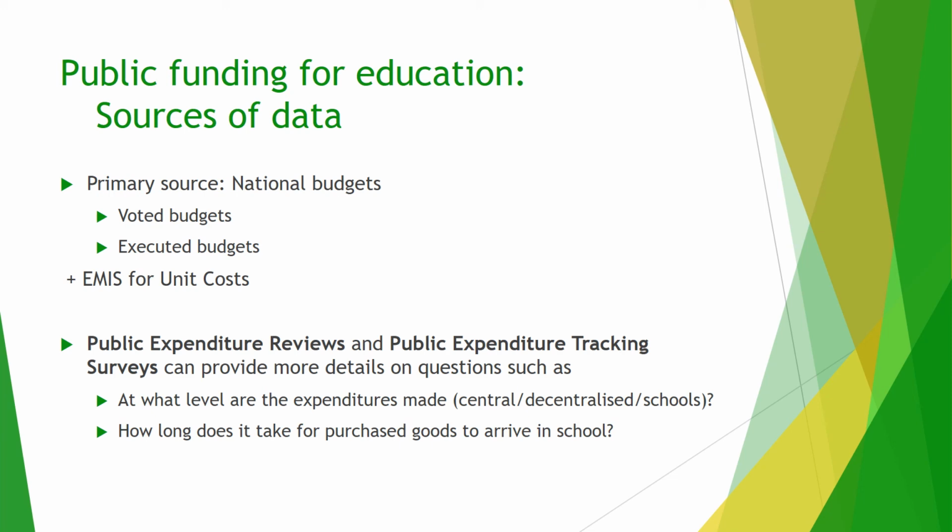They can provide, for instance, more details on questions such as at which level the education expenditures are made, whether it's at central level, at decentralized level, or at school level. It may also give information about which areas, which parishes, for instance, in fact receive more of the education funding, etc.